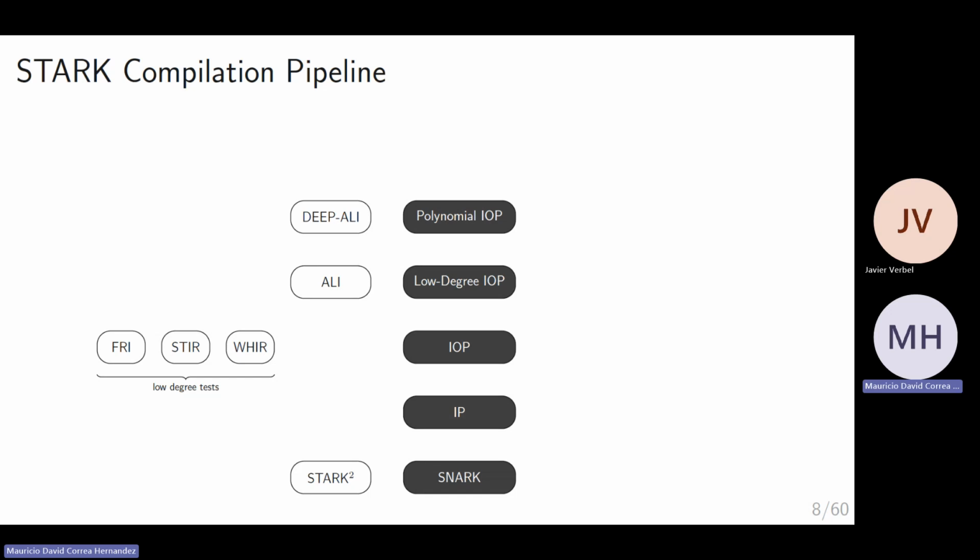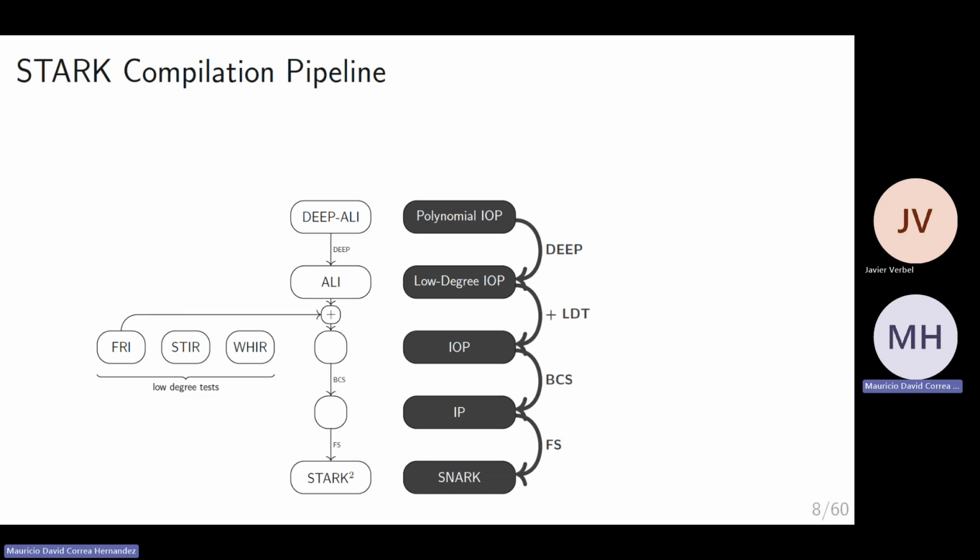And so we're going to design one, a polynomial IOP that uses Stark principles, and two, a whole bunch of transformations. And in fact, the starting point for this, when it's specific for Starks, is the Deep Ali protocol. And then we're going to compile the Deep Ali protocol using these transformations on the right. And these transformations are generic, whereas Deep Ali is really the only specific thing.